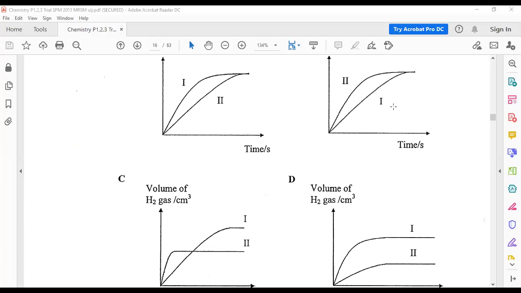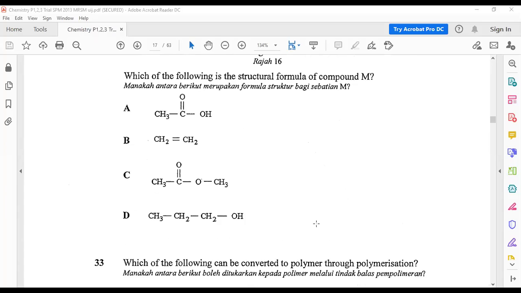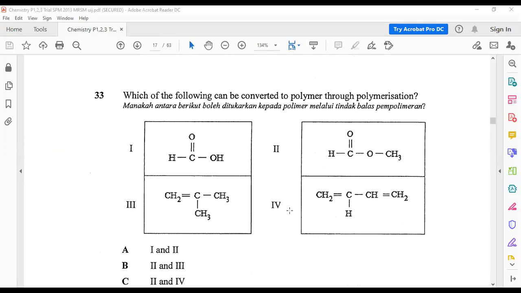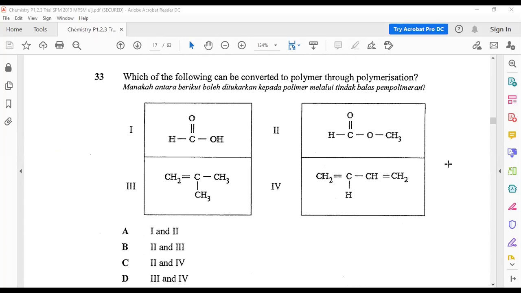Next part, the next question, we are talking about question number 33. Now, question 33 said that which of the following can be converted to polymer through polymerization? Now, when we want to get a substance which can convert to polymer, meaning we are actually looking for a monomer.